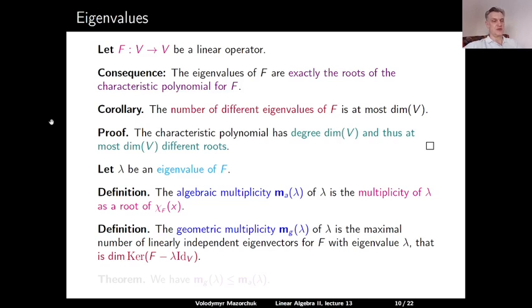Alternatively, this number is equal to the dimension of the kernel of the linear map F minus lambda times the identity map. And the main observation about the multiplicities is the following theorem: for any lambda, the geometric multiplicity of lambda is at most the algebraic multiplicity of lambda.